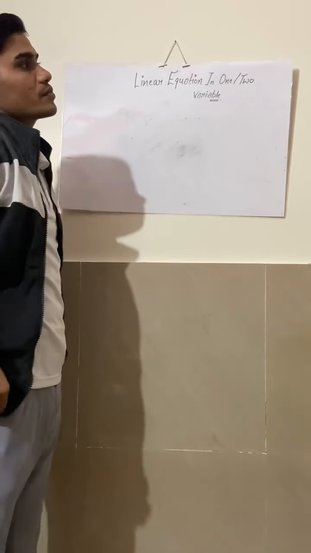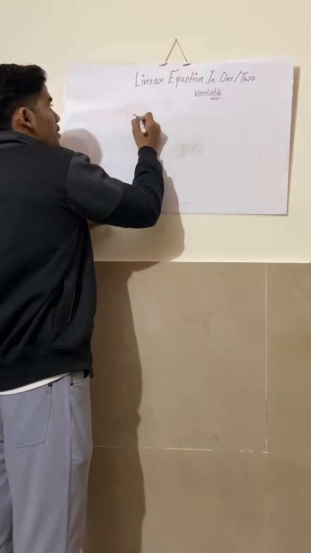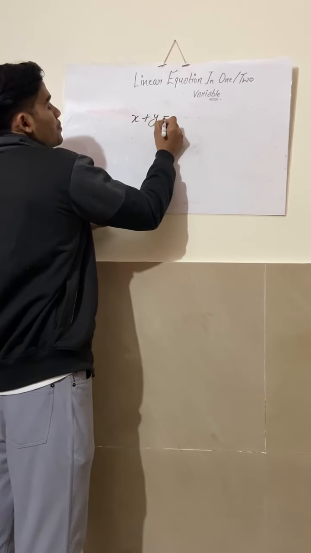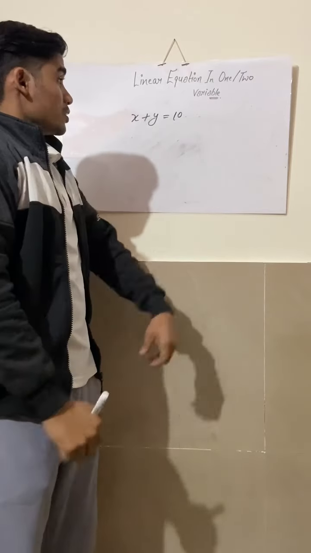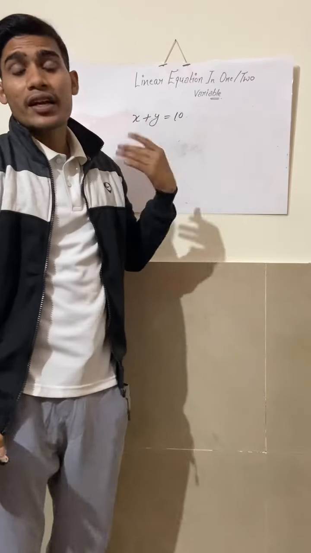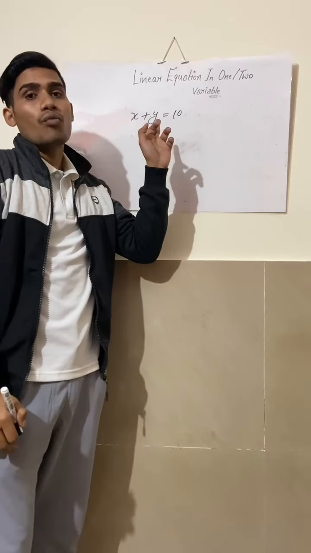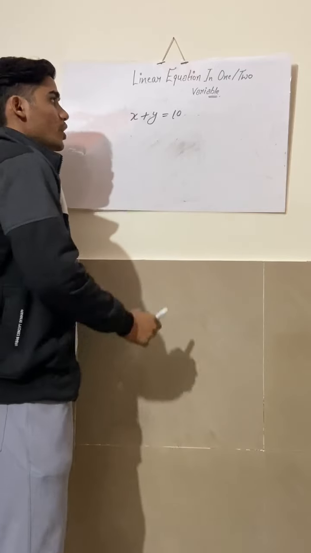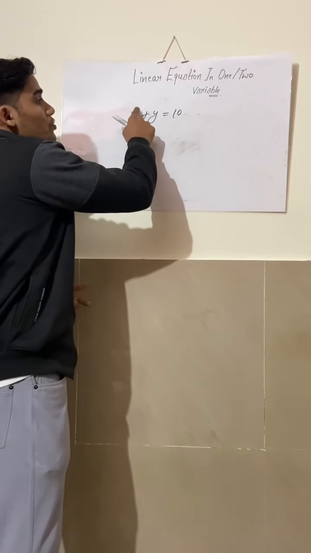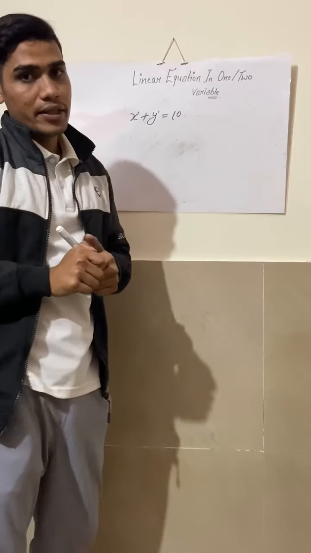Okay, I will write an example equation of linear equation in two variables here. This equation has two different alphabets whose value is not known to us, means x is a variable, y is also a variable. The highest power of these two variables is 1. For that reason we can call it linear.